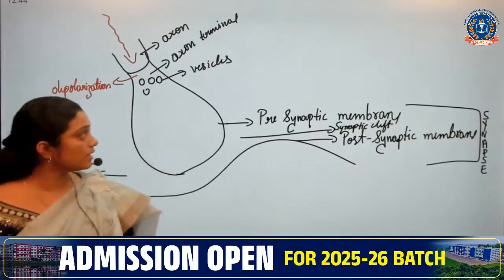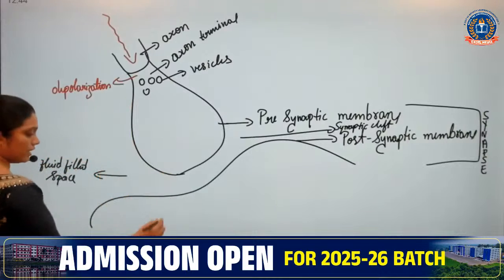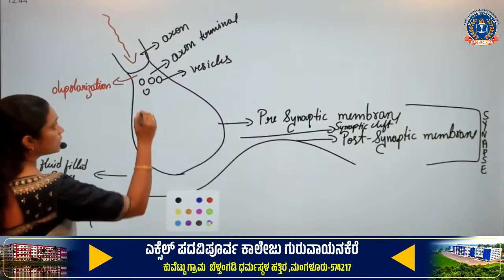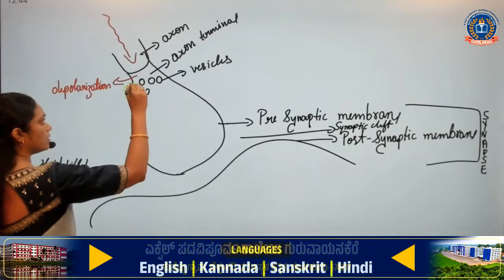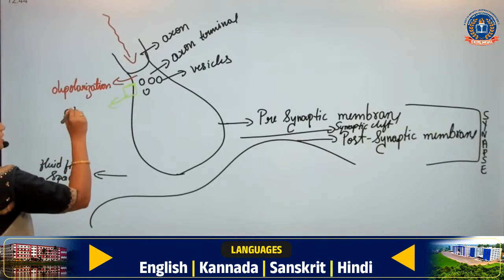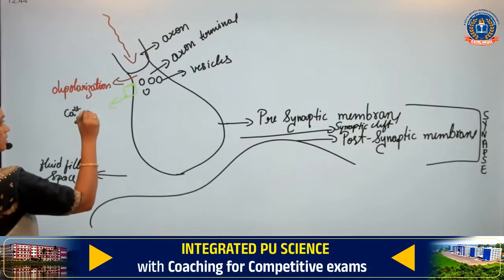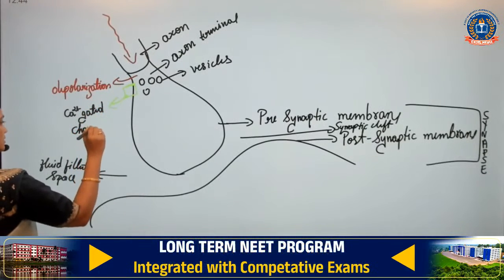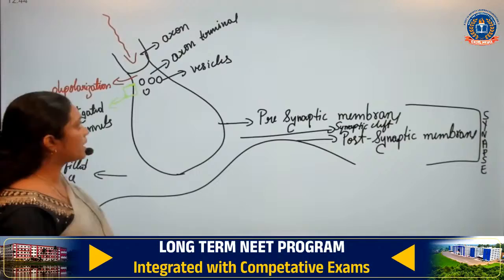As a result, here in the axon terminal, there will be a channel, which is called a calcium gated channel. What do we have here? Calcium gated channels. Now what happens?